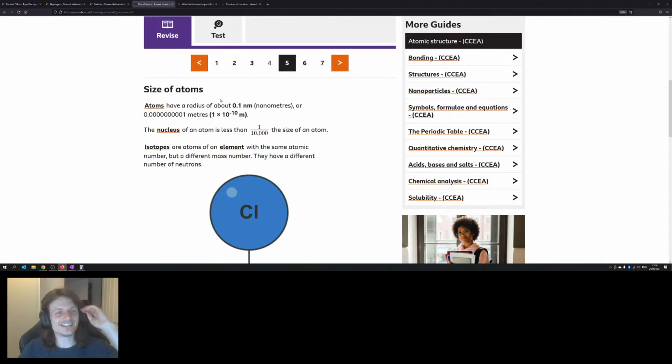Small world, isn't it? Yes. Isotopes are atoms of an element with the same atomic number, but a different mass number. They have a different number of neutrons.